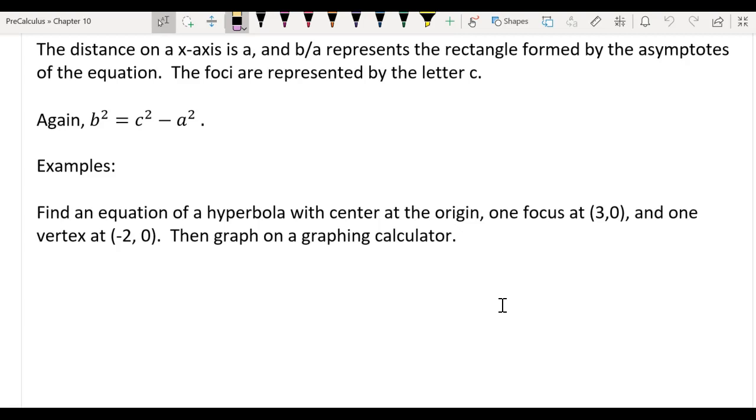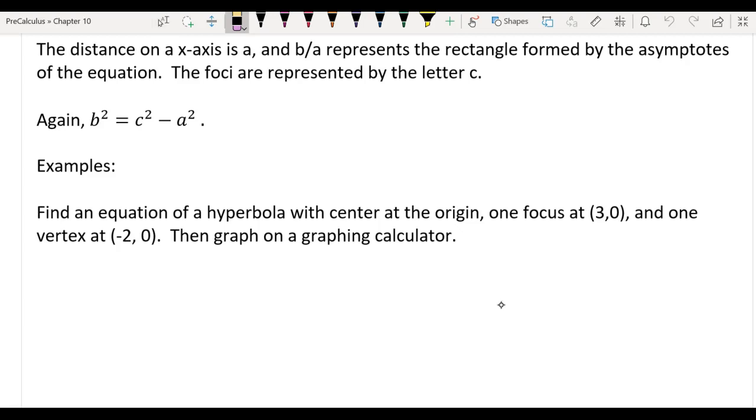How is this different from the equation for the ellipse? Does anyone remember? For the equation of the ellipse, these two were switched. Okay? For an ellipse, we had two equations.